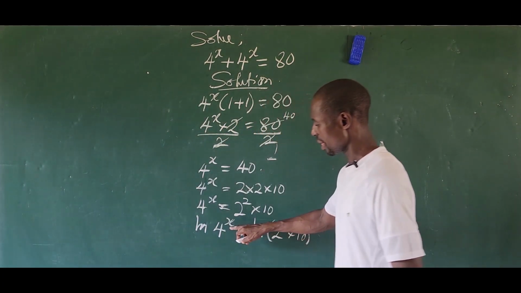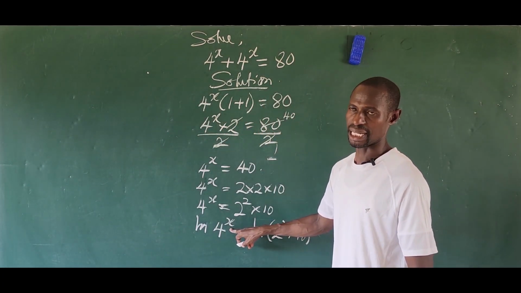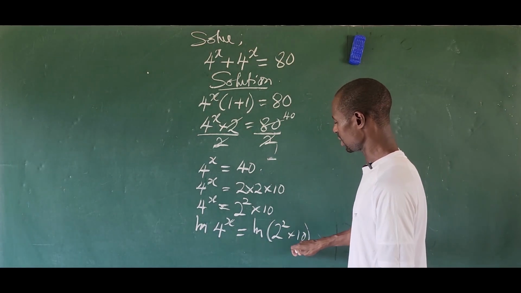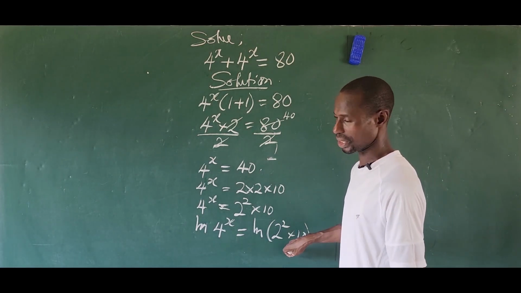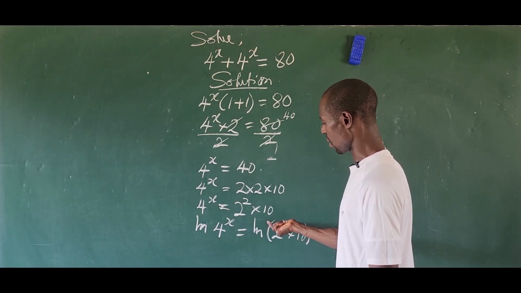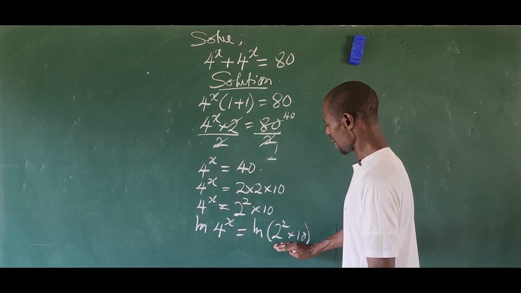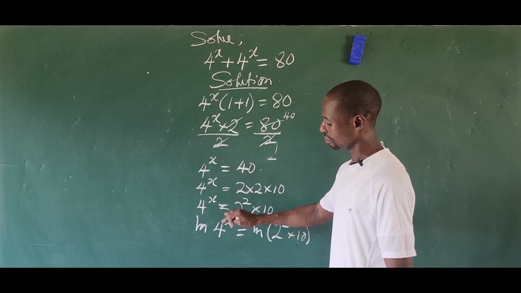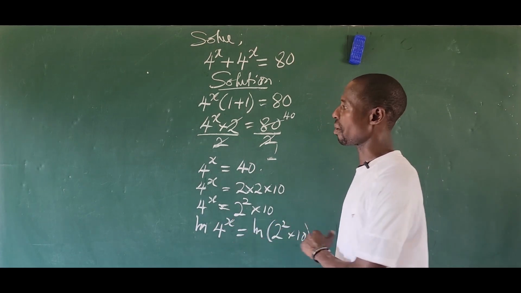We are having a property of logarithm playing out. We call it the power law of logarithm. On this other side, we are having the multiplication law of logarithm and also the power law here. But let's deal with the multiplication law first, and here we deal with the power law. And what does the power law say?